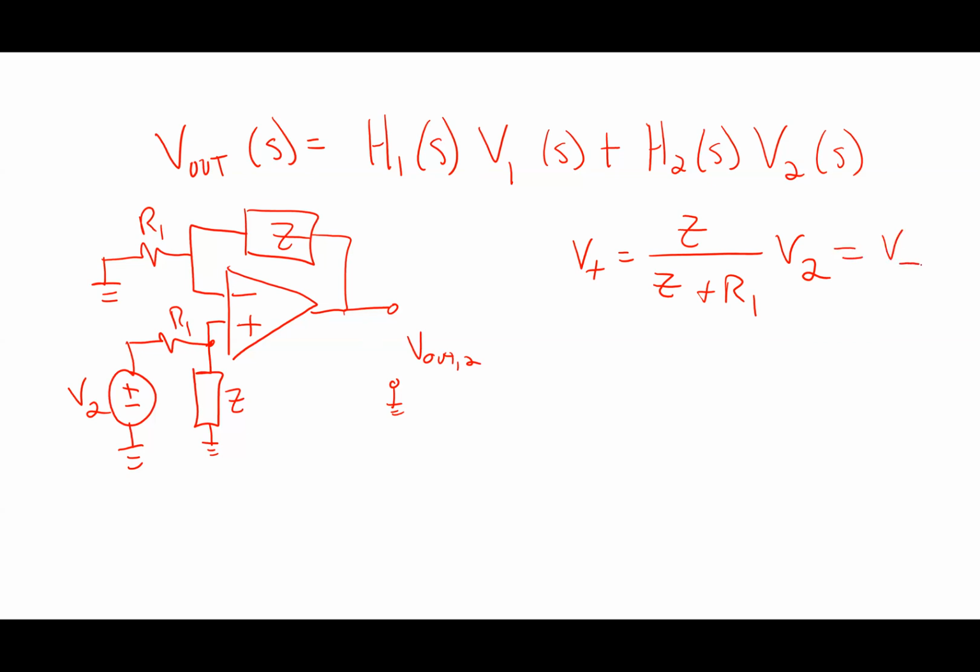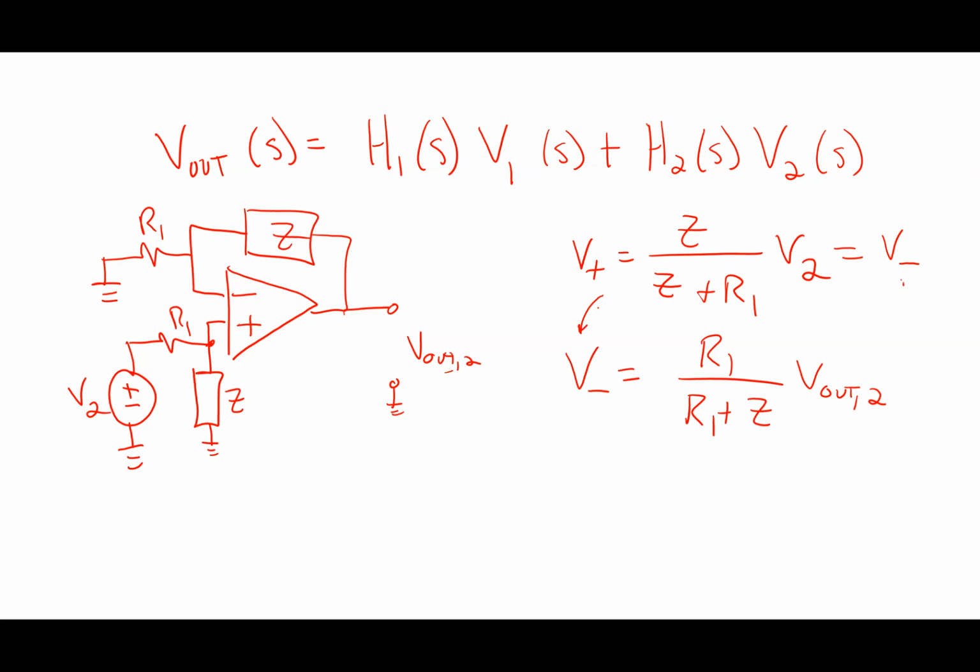So what I would do now, just like I did previously, is a KVL around the loop that includes V out 2, Z, and R1. I have another voltage divider that says V minus equals R1 over R1 plus Z times V out 2. I'd plug this into here and solve.